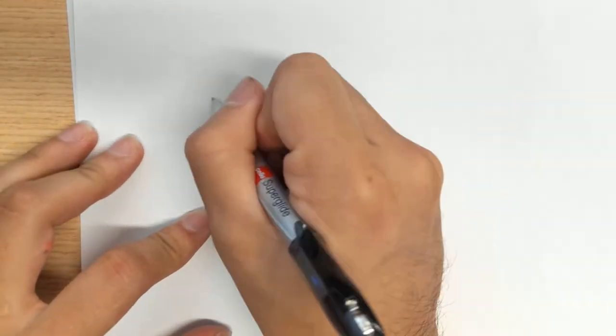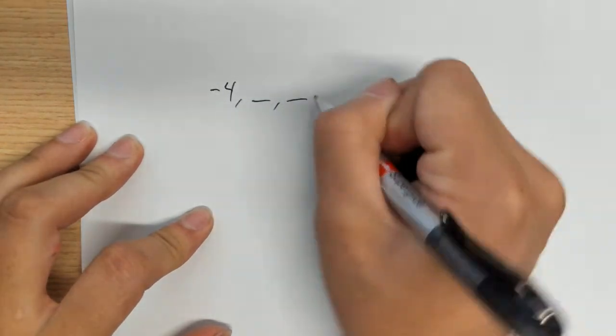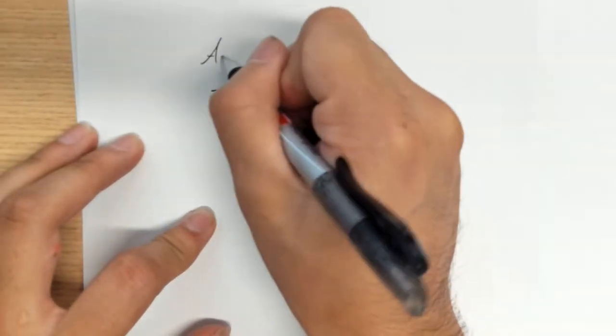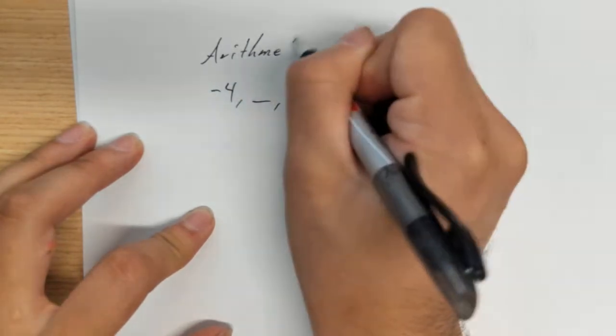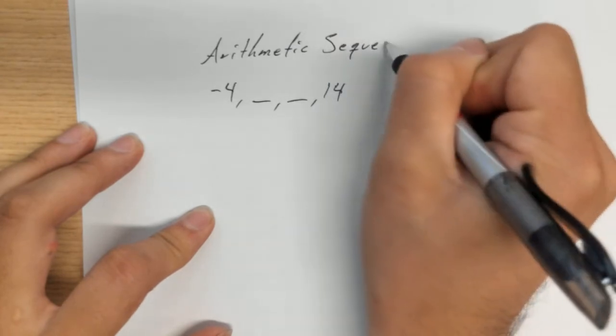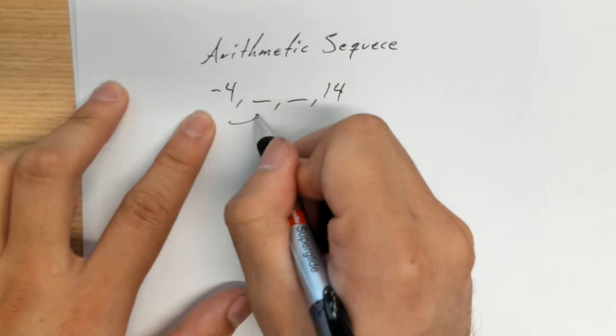Remember the time that I gave you a number, -4, then some numbers in between, and then 14, and asked you to find the terms in between for this arithmetic sequence? What do you do to -4 to find the next one?